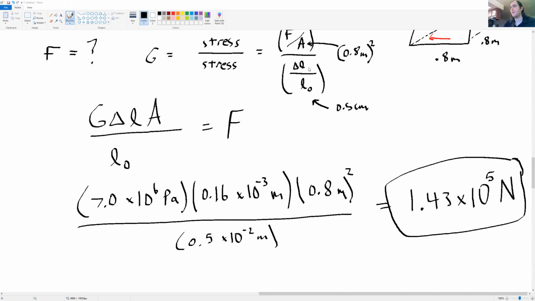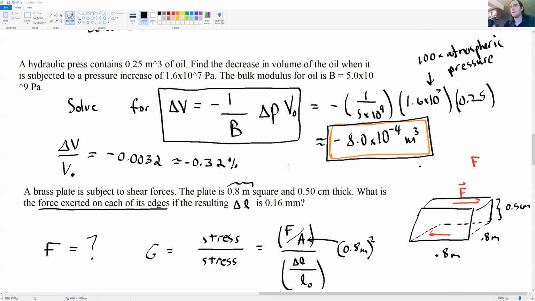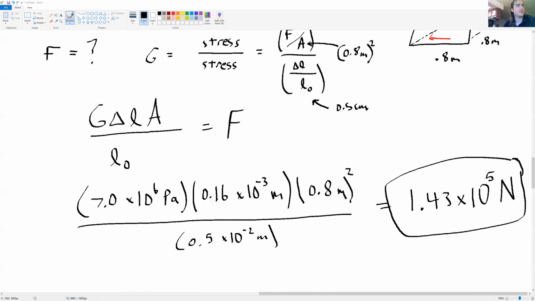Did we convert our units properly? We're off by orders of magnitude here. Let's go ahead and check our calculations. So 7 times 10 to the 6 times 0.16 millimeters, so times 10 to the minus 3. That part is correct. And then we have 0.8 meters squared.